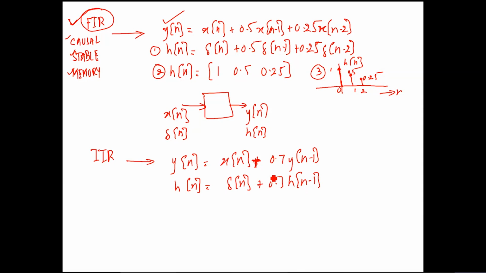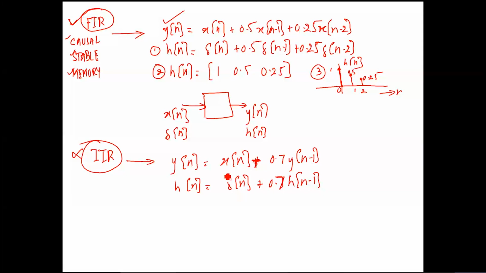H of n itself has to be extracted from this type of equation. So we cannot directly find h of n from the difference equation, just like we can do for FIR. For IIR, we can't really do this. Although, if we have a very simple way of solving it, we can find out h of n. But right now, take it from me that this direct mapping is easily done for FIR.